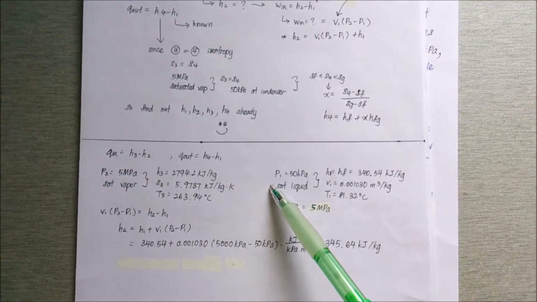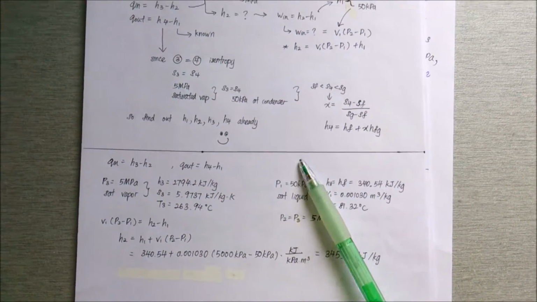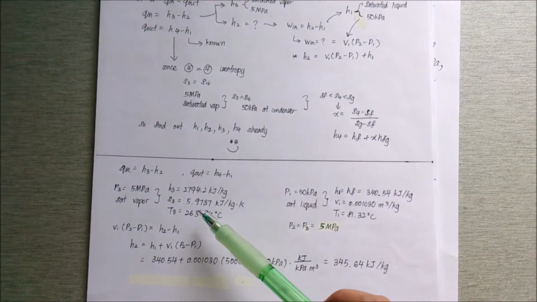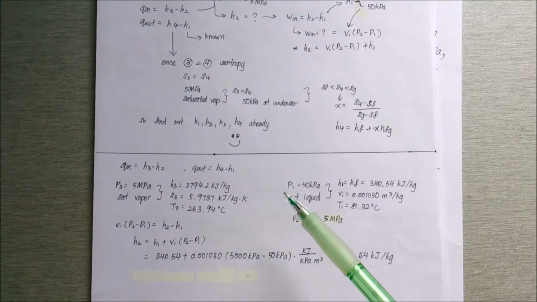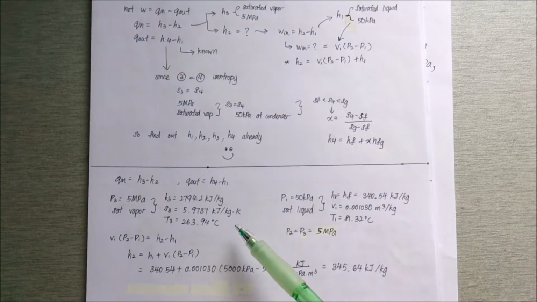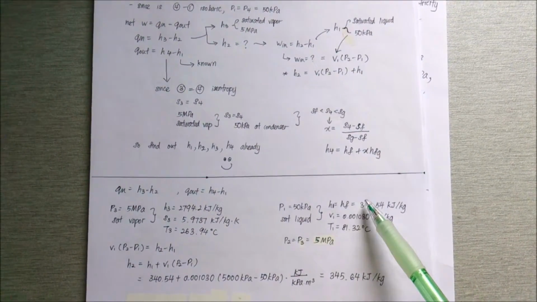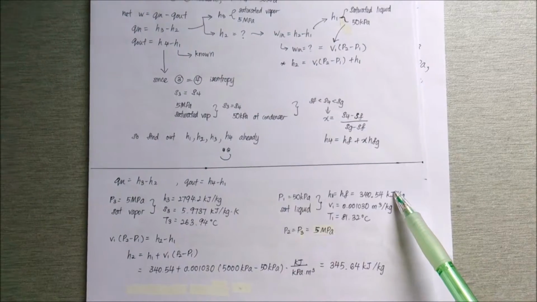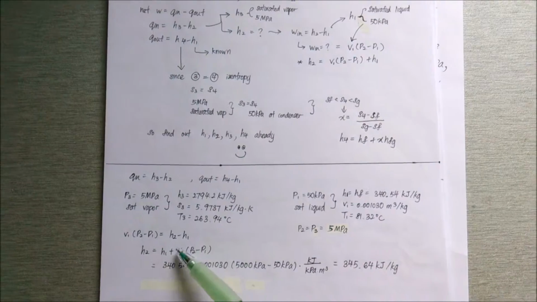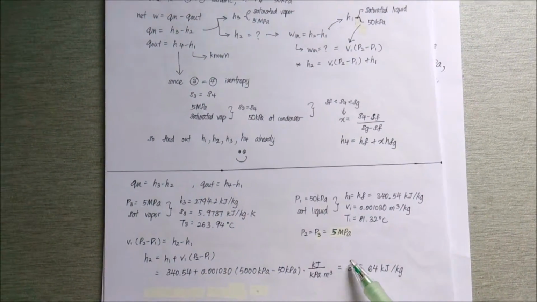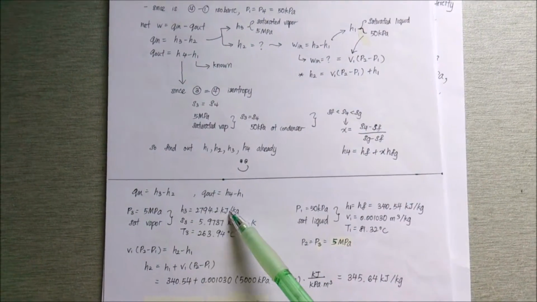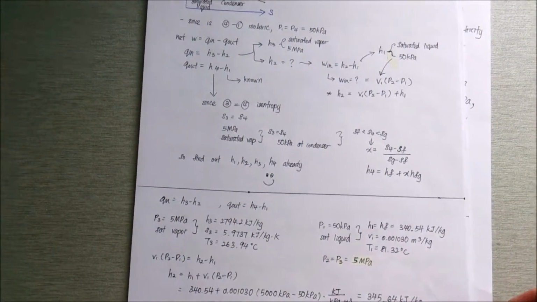So let's see if we have found all the values. Using the method we learned just now, we can get P3 and the enthalpy 1. Because it asks us to plot the TS diagram, we also need to find the temperature 3. We already know enthalpy 1 equals 340.54 kJ per kilogram from tables A-4 and A-5. And H2, using the formula just now and the value that we found, will become 345.64 kJ per kilogram, meaning that enthalpy 3 is 2794.2 kJ per kilogram.